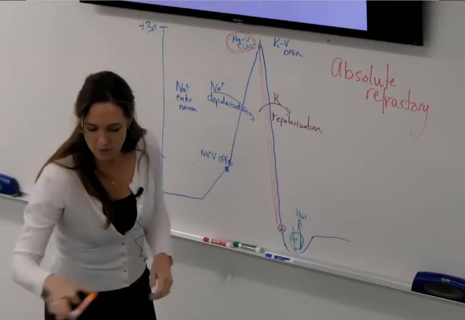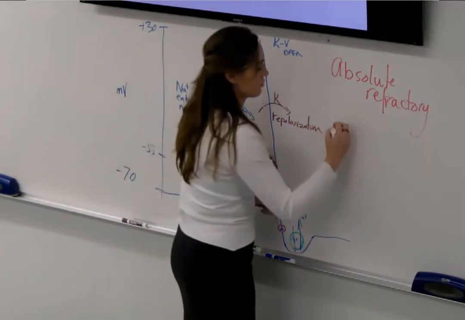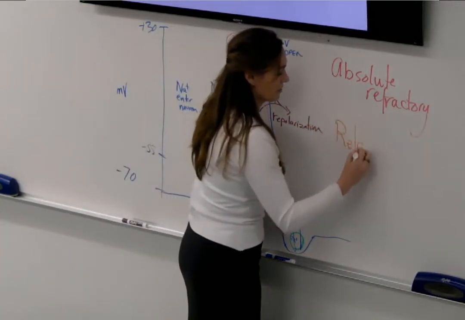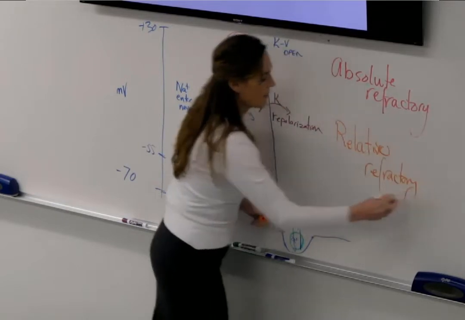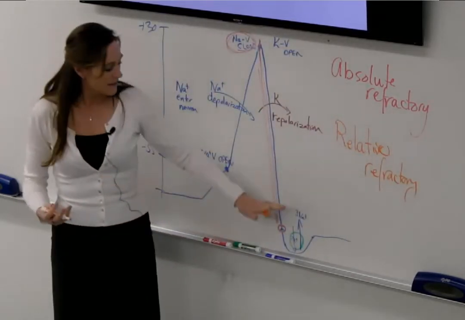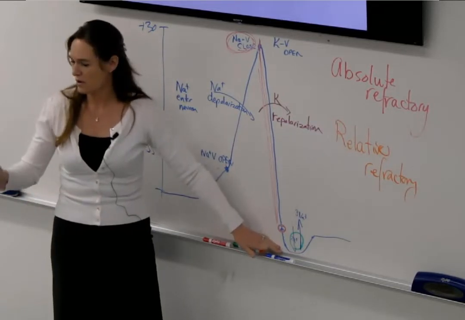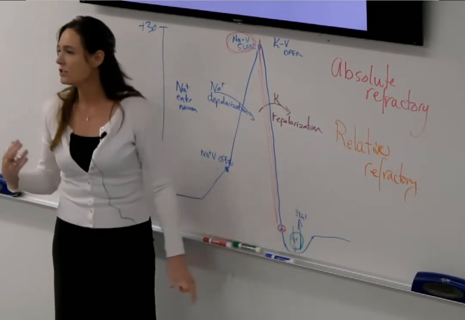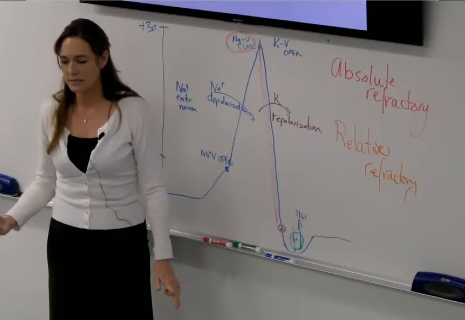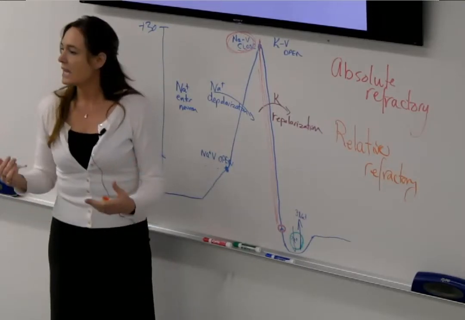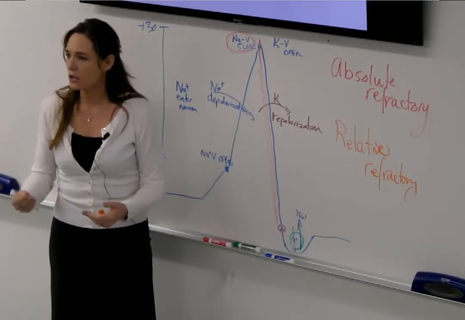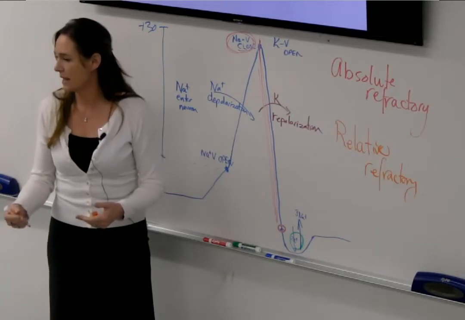The next refractory period is known as relative refractory period. This means the cell is now negative. It is still not back to normal. So it is less likely to want to make another stimulus, but it could if it had a larger than normal impulse to make it do so.